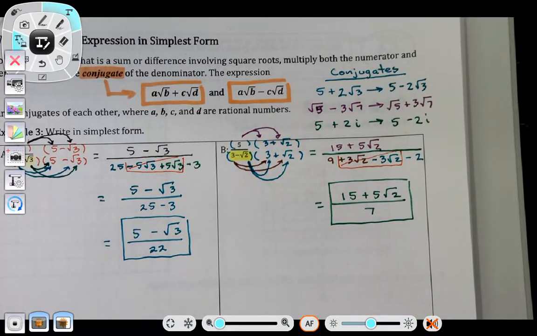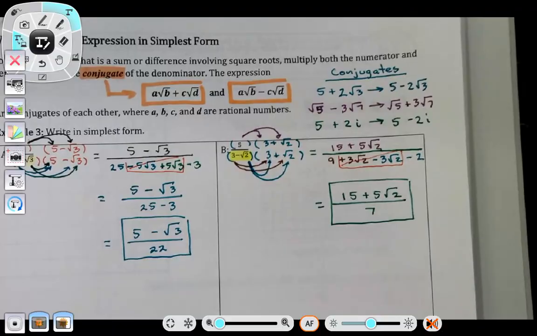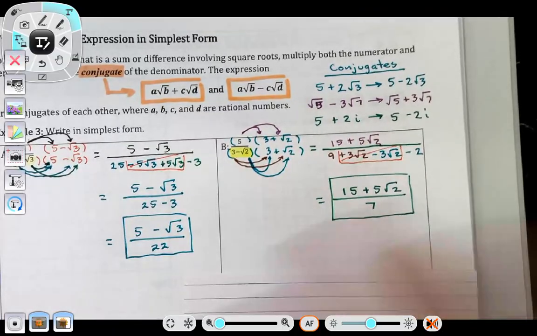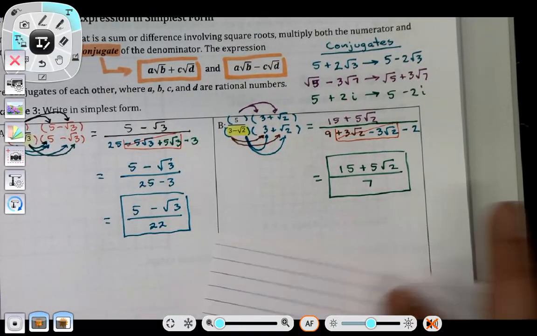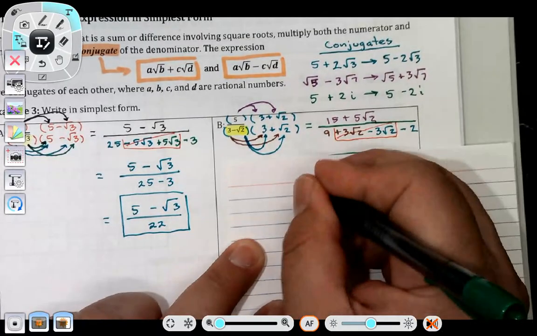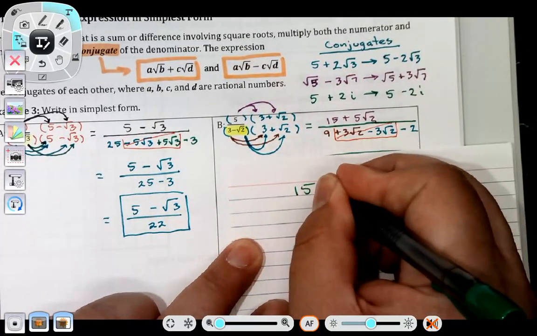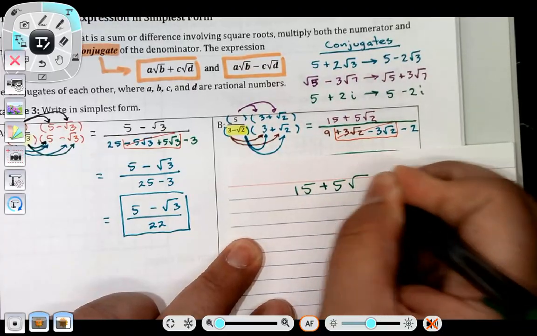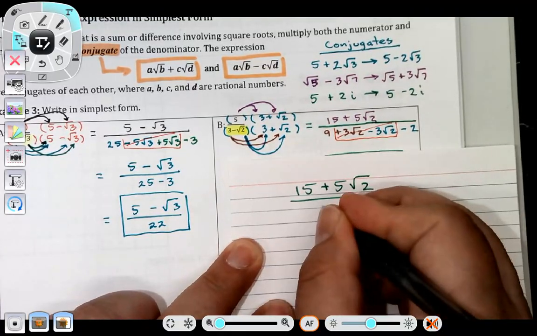Any questions? Just a warning, though, especially because of the BIN, you never know. They always throw random things at you. Here's a heads up. If you were to do this and work it all out, and you ended up with something like this, let me use a similar one: 15 plus 5 radical 2 all over 10.